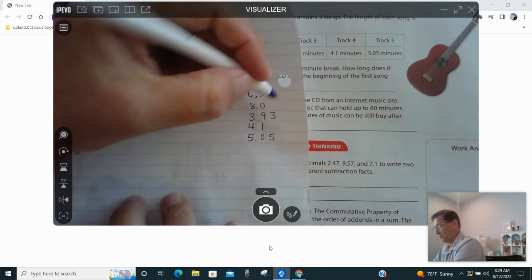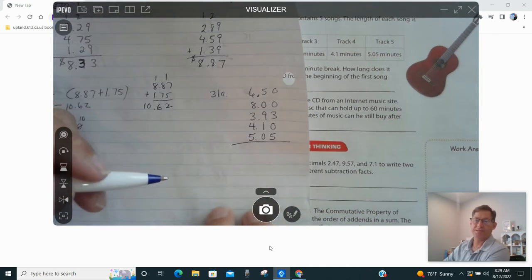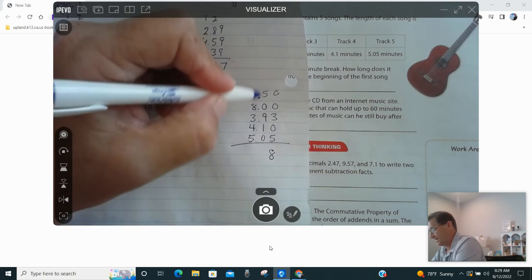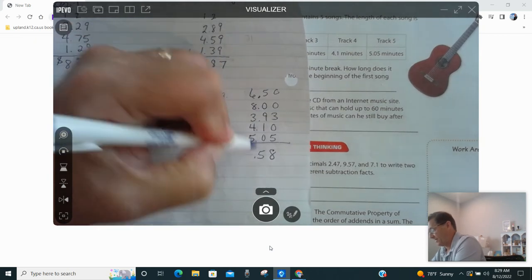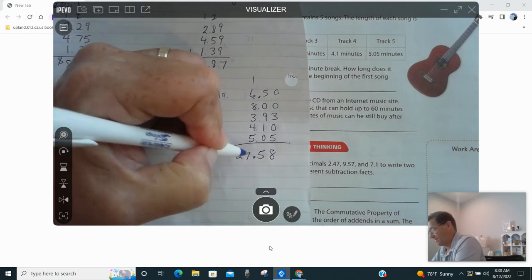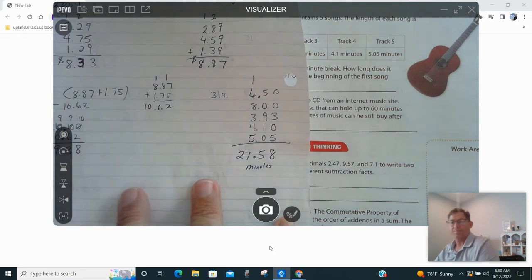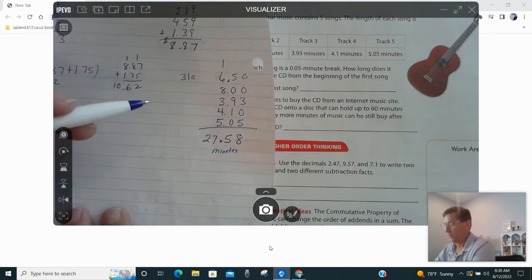So that's the length of the songs. So I'm going to go ahead and add placeholder zeros to have the same number of digits. And so that's 8, 15, 27, and 58/100 minutes. But that's not all we need to do.